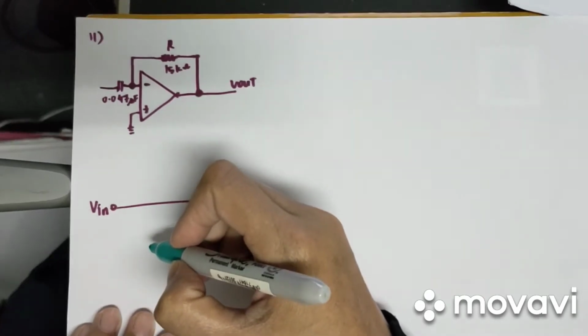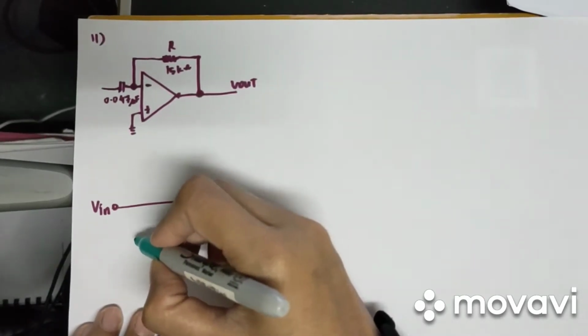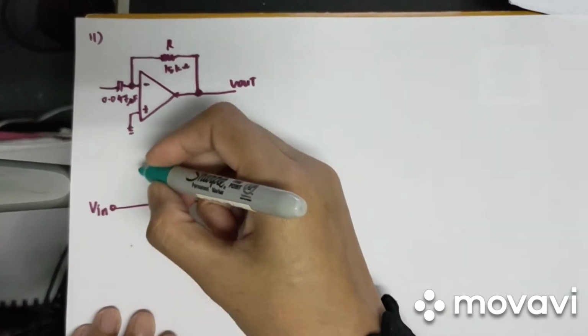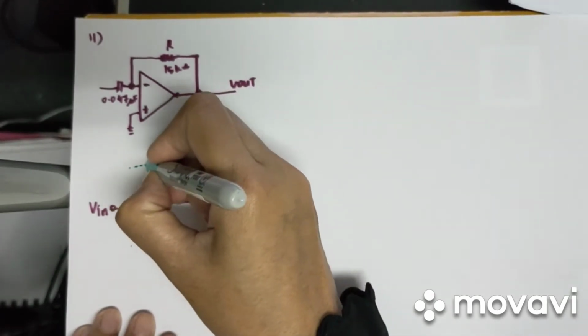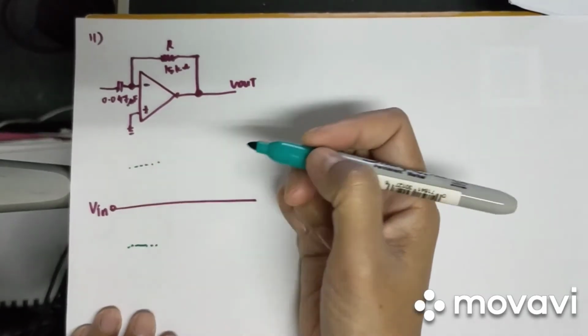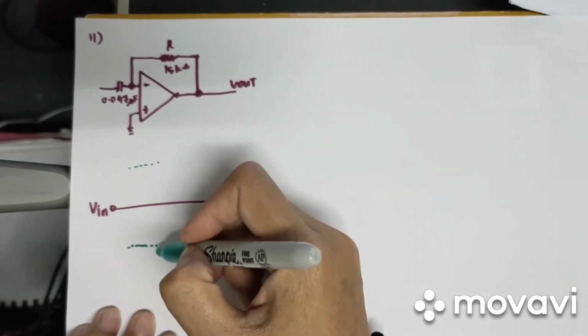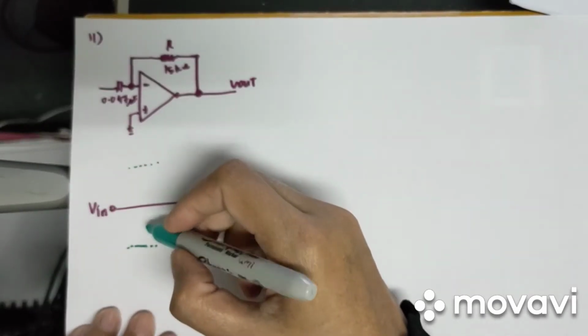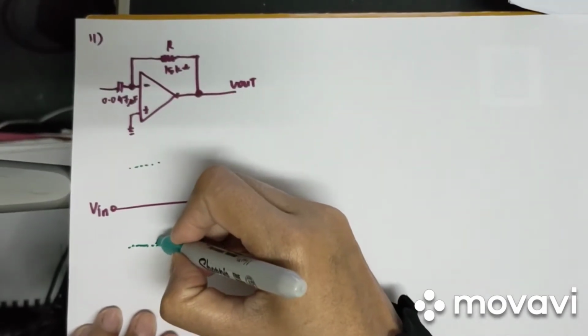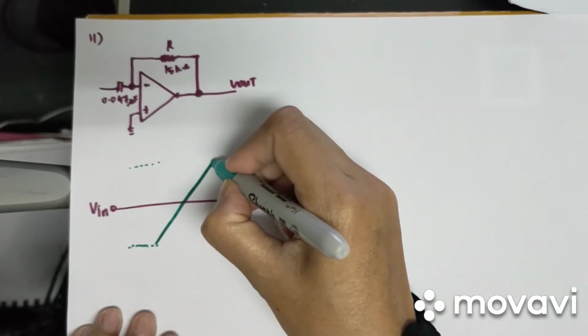So how are we going to draw it? Let's say here is the minimum point and here is the maximum point. Let us draw some grid for the maximum and minimum.